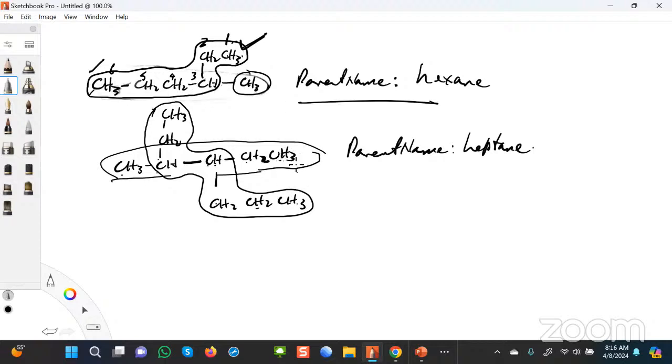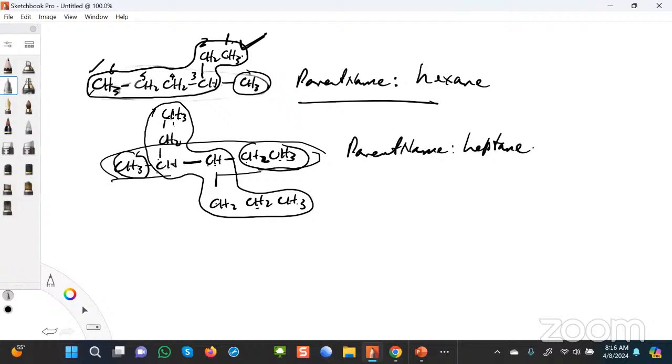In the case of the second chain, again, the question becomes which end you're going to start counting from. We have already identified the longest chain, which is this chain right here. And the answer is we're going to start numbering from this end, and not this end. The reason is that this branch here is closest to this end compared to this branch, which is 1, 2, 3, 4 carbons removed.